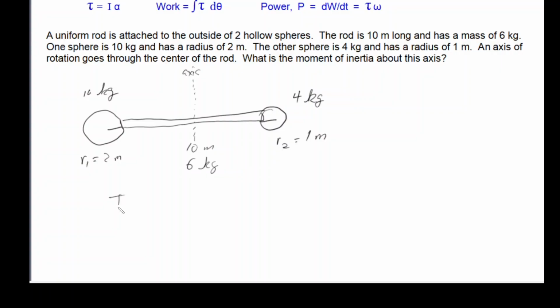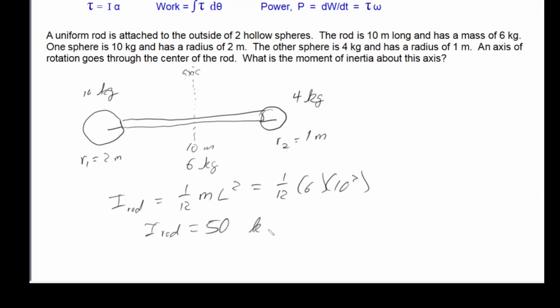So the moment of inertia for the rod is equal to 1/12 times m times its length squared, which is equal to 1/12 times its mass, which is 6, times 10 squared. So the moment of inertia of the rod comes out to be 50 kilogram meter squared.